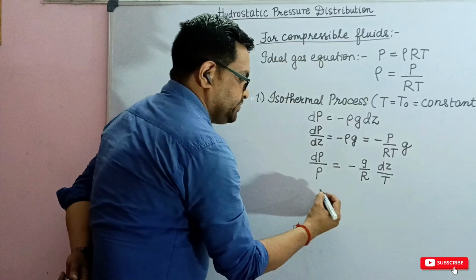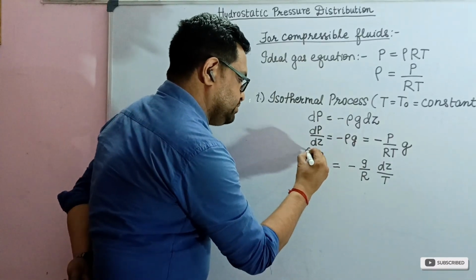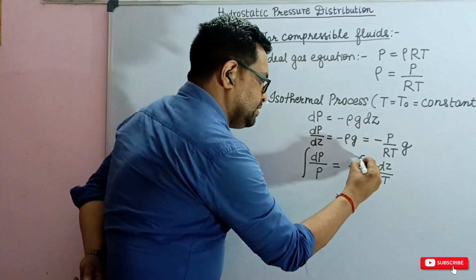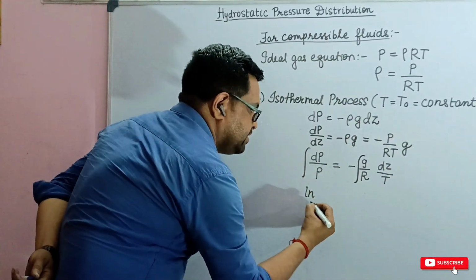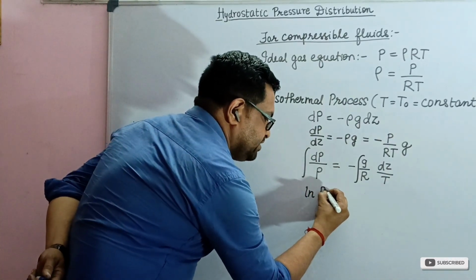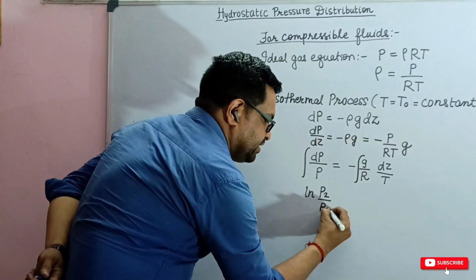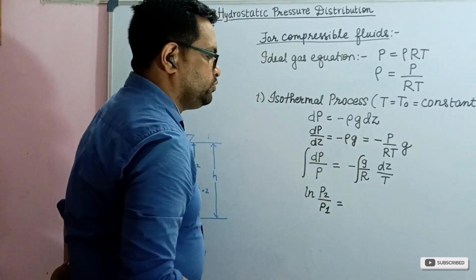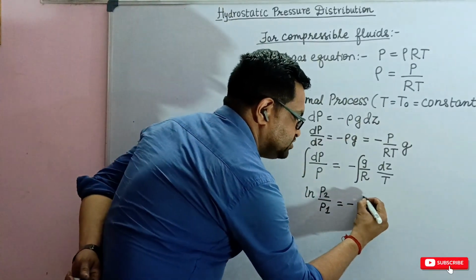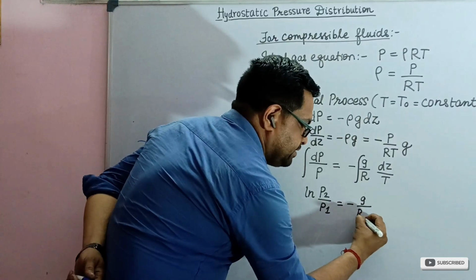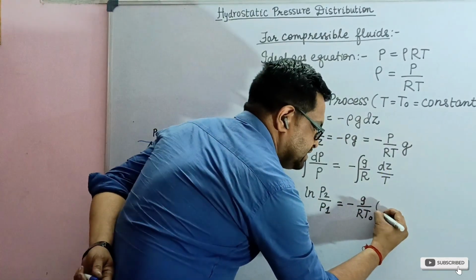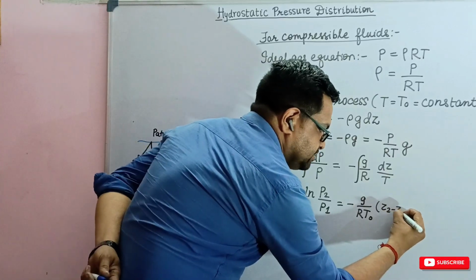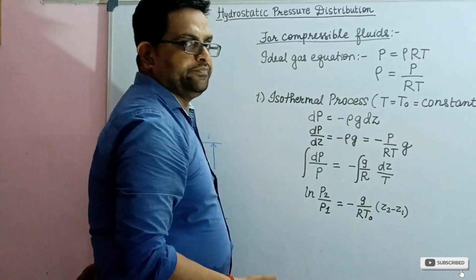So upon integrating, we have the integration of dP upon P, which gives ln P2 upon P1, equal to minus g upon R T naught, because temperature is constant, times Z2 minus Z1.